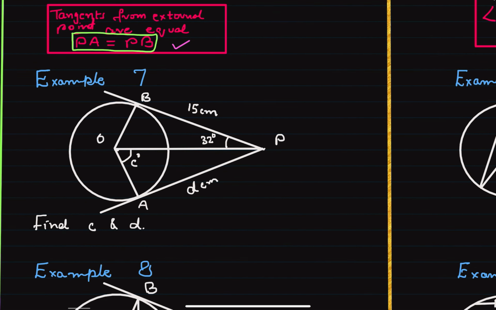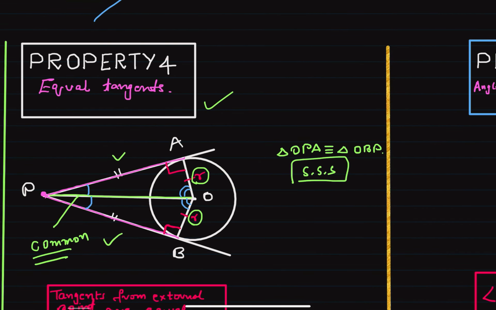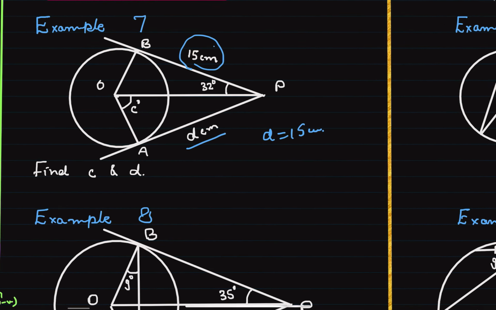Example number 7. In example number 7, the length of PB is given as 15. So for sure this D should also be 15 centimeters according to this property, right? The tangents are equal. Because we know that if you draw two tangents from the outside, they should be equal in length. So this D has no option except that it should equal 15.